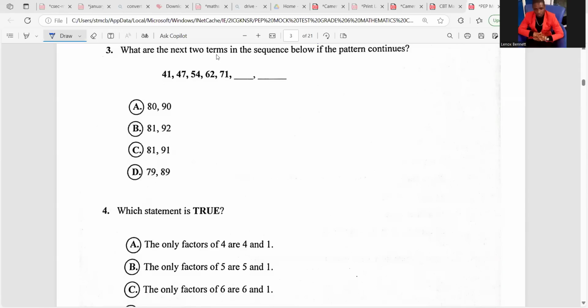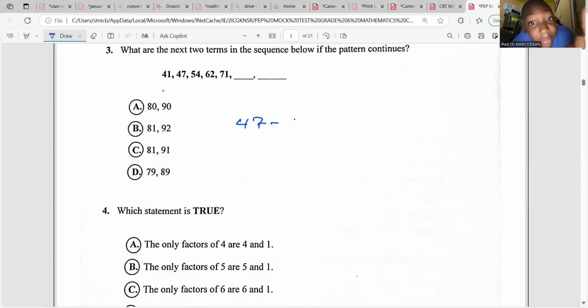Go ahead, Marco Dean. Okay, sir. So the first thing we do, sir, we try to find the pattern. So what I did, sir, I subtracted 47 minus 41 and got 6. But I need to find the whole pattern before I actually continue. So I subtracted 54 minus 47 and I got 7. So that means it's going up by 1 as it adds.